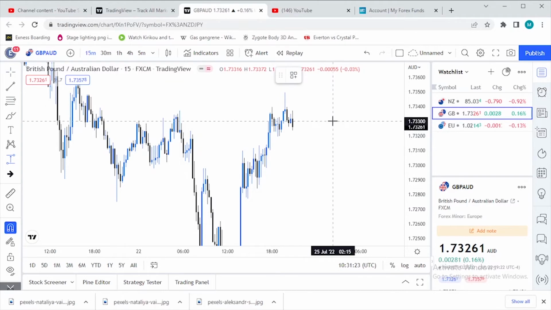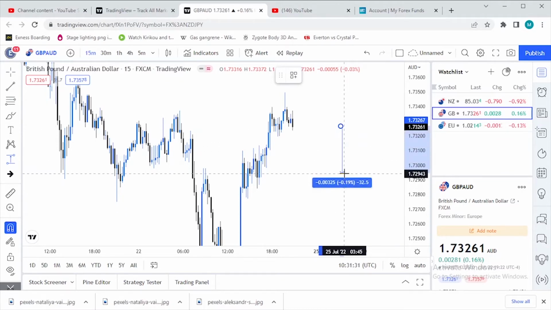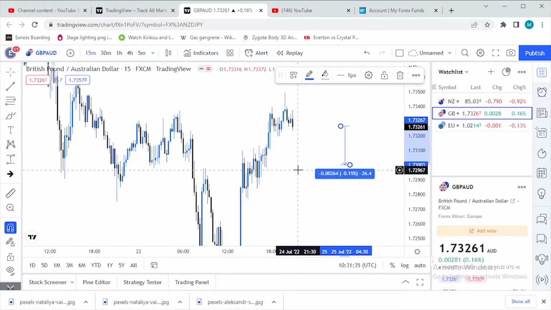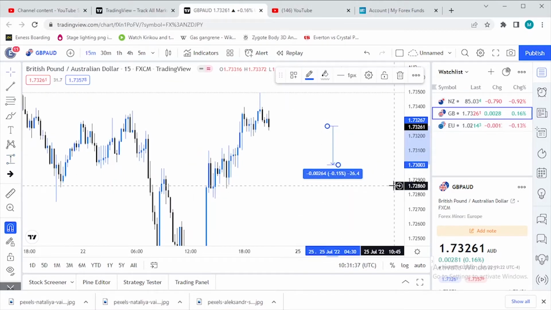Let me pull up the price range tool so we can have a visual representation of what's going on. If price should drop from 7326 all the way to, let's just make it 7300, the difference in pips right here would be 7326 minus 7300. So in this case, the difference in pips is going to be 26 pips. So that's how to calculate for non-JPY pairs.